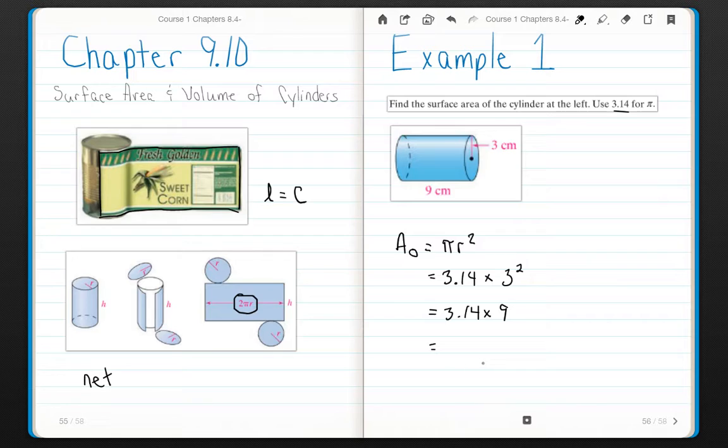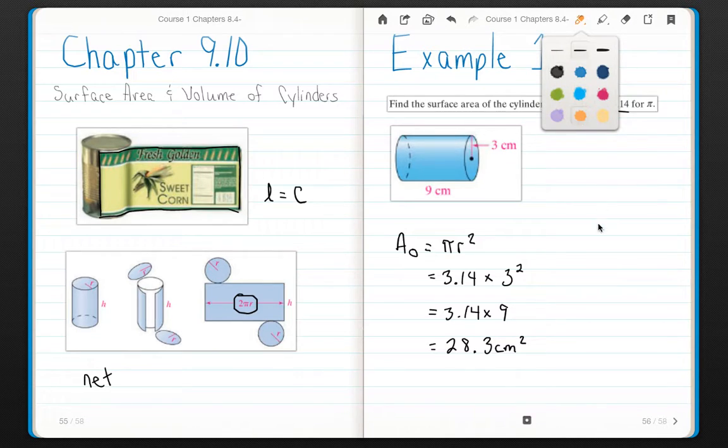So the area of the circle equals 28.26. We're going to go ahead and round to the nearest tenth. So 28.3 centimeters squared. Now, of course, there are 2 of them, so eventually we'll have to add them together.